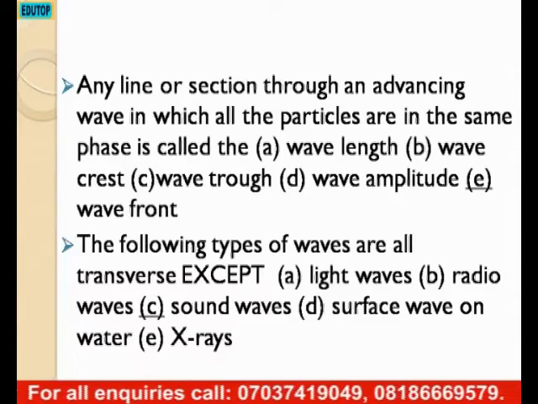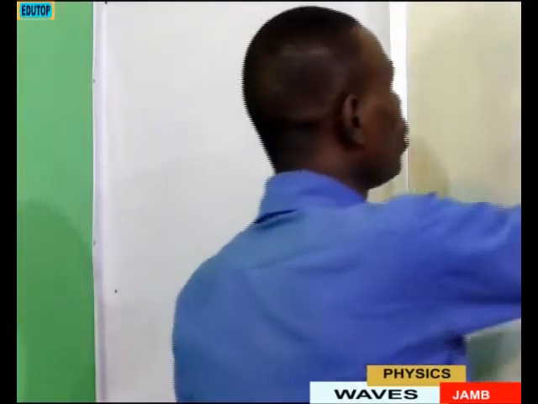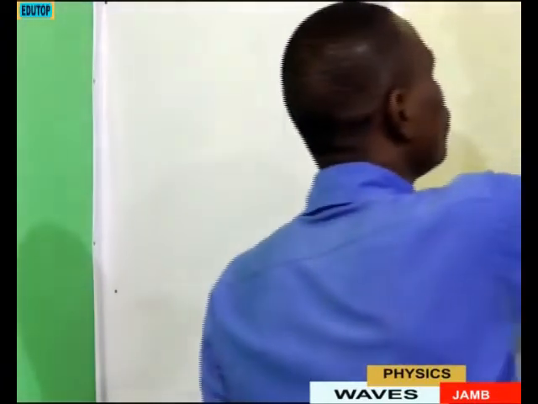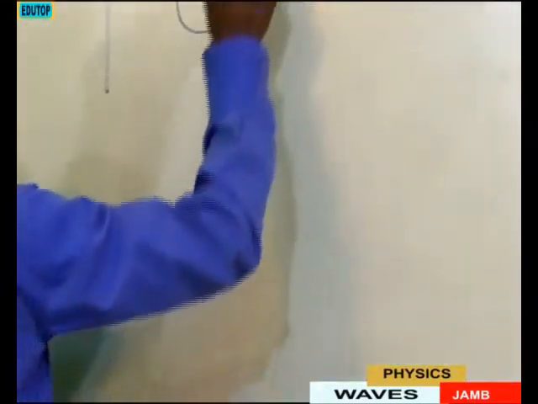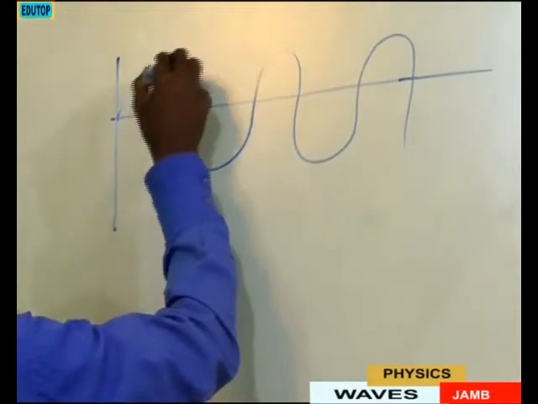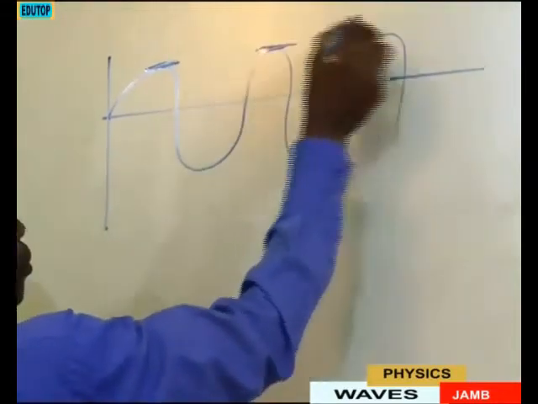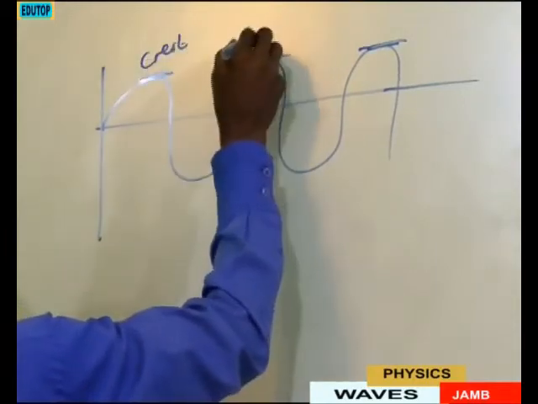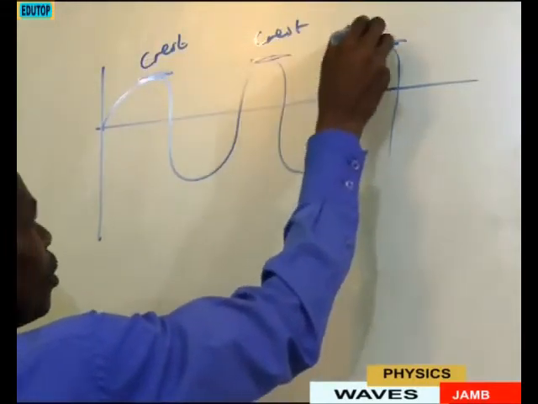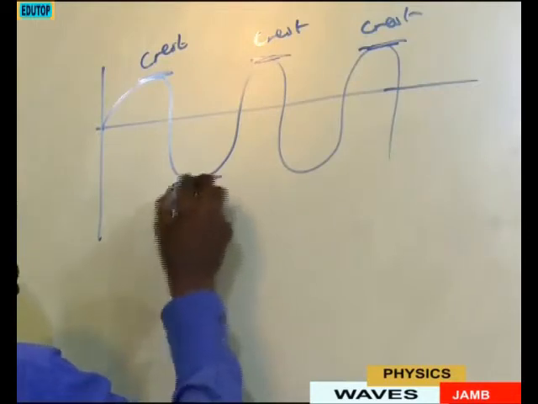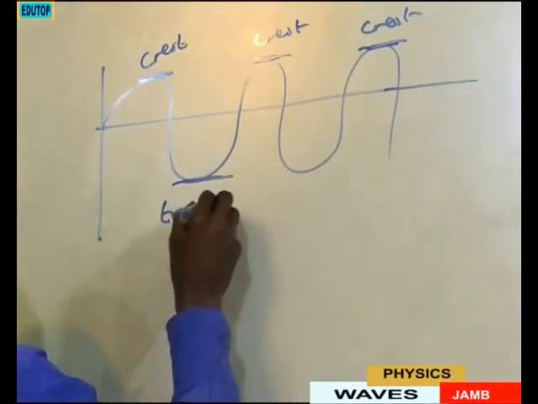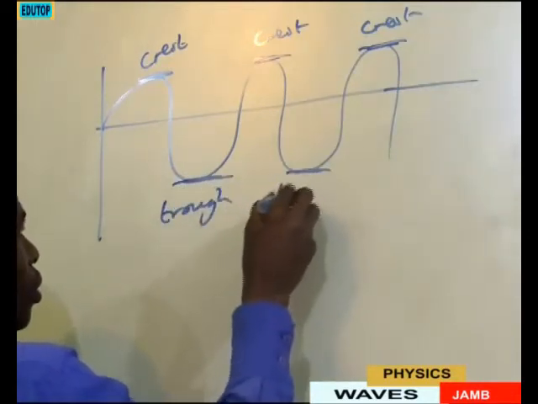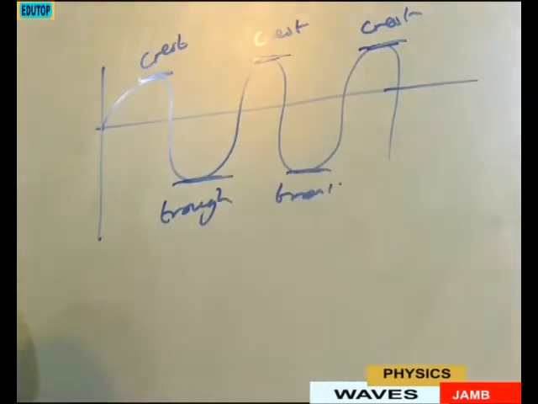That is wave front. Let's say we have a wave. This is the crest of a wave. This is the trough.